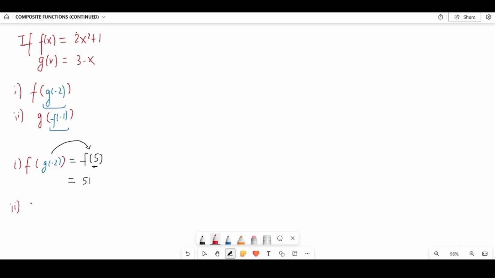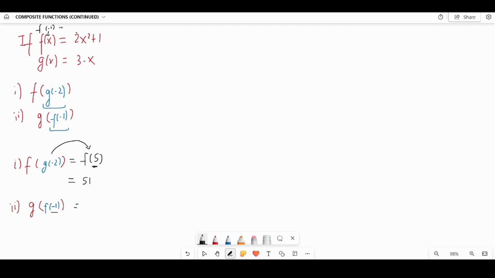Here we need to find the value of g of f of -1. Here you can see the input is f of -1. So we need to find its value in the very first step. Again here the input is -1, so we need to replace x with -1 everywhere in the original function.